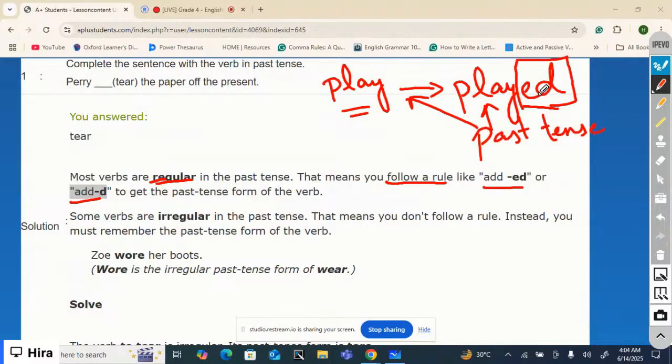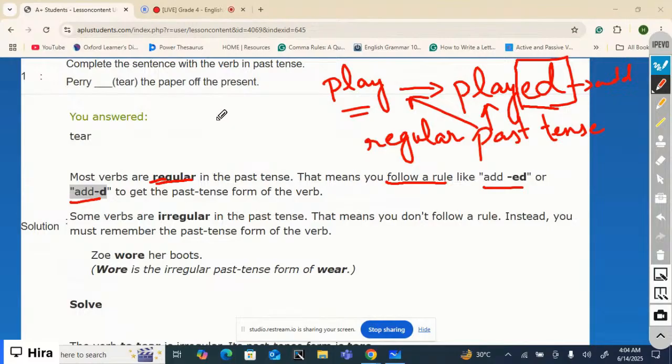But when you follow a rule and add ed or just d to a verb, it means this is a regular past tense verb. Why is it called regular past tense verb? Because we have followed a rule, we have added ed, and sometimes we add d.